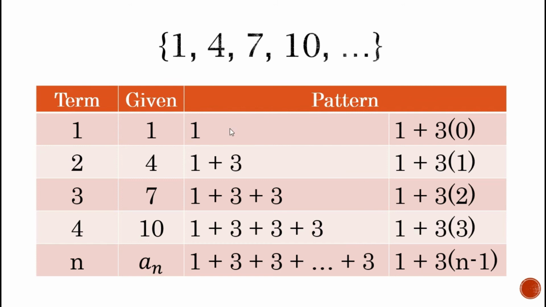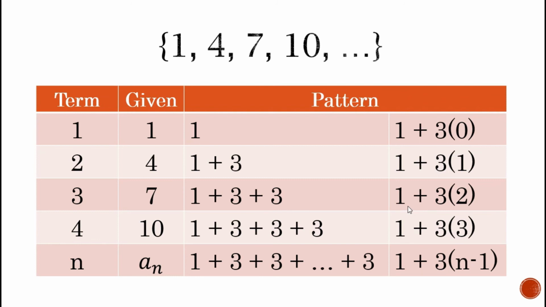So, if you're going to observe, for the first term, which is 1, we add 1 plus 3 times 0, which is 1. Okay? For the second term, 1 plus 3 times 1 to get the second term. For the third term, we add 1 plus 3 plus 3.